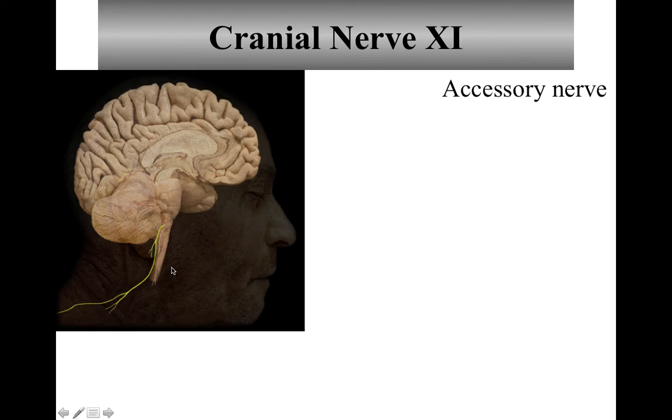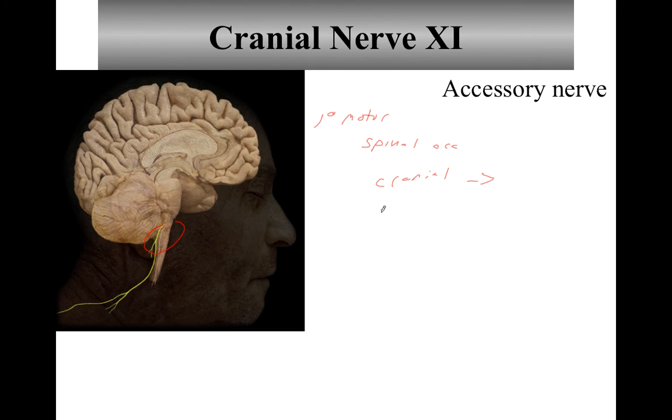Cranial nerve 11, the accessory nerve. I feel like when they got to 11, they just ran out of names, so they started throwing in whatever they could think of. 11 is primarily a motor nerve. It's also called the spinal accessory nerve, and you can kind of see why. Look where it runs. It has a cranial branch that's motor to your soft palate, your pharynx, and your larynx.